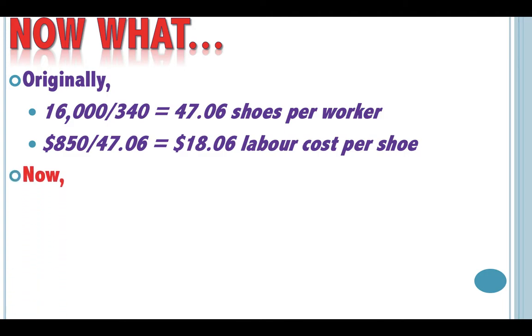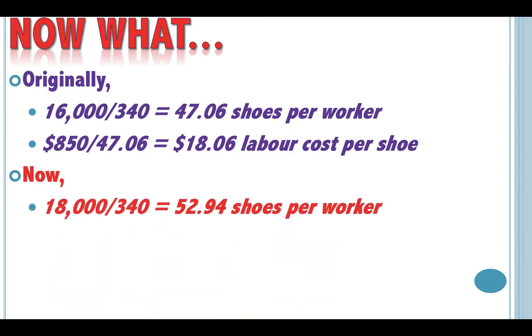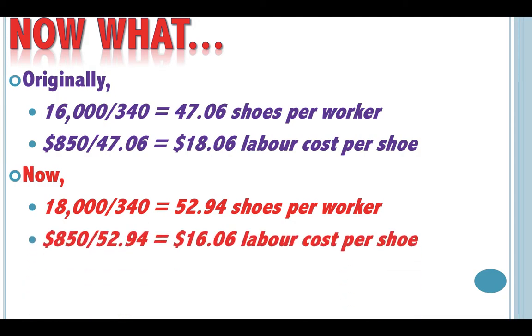But what if we could get 18,000 shoes out of those 340 workers? Well, we would simply redo the formula, and our labor productivity would go up to almost 53 shoes per worker. And our labor cost per shoe would go down to $16 per shoe.